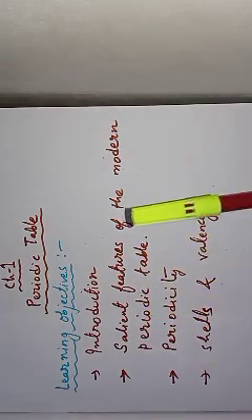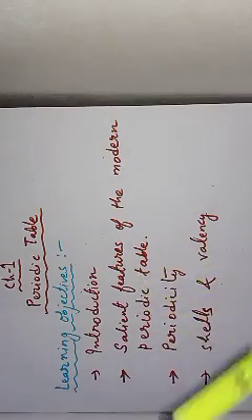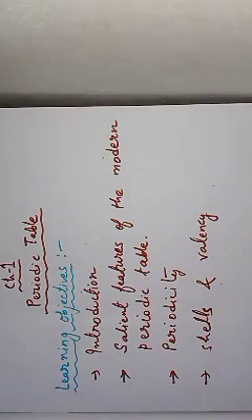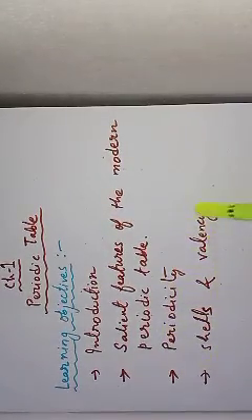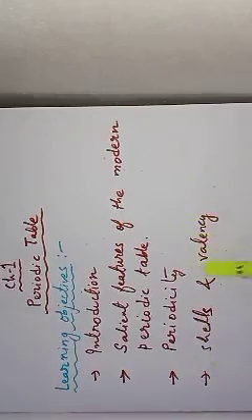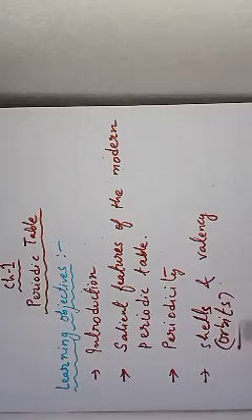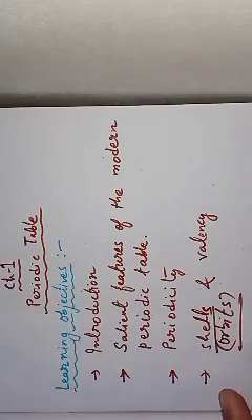We will be studying how to read the periodic table, how can we identify the elements, to which group they belong, and so on. Then we will be going through the phenomenon of periodicity, and the last and final topic will be shells and valency. Shells are also known as orbits. So let's begin, let's start our journey.